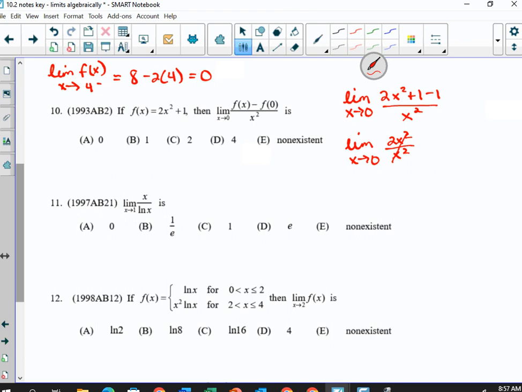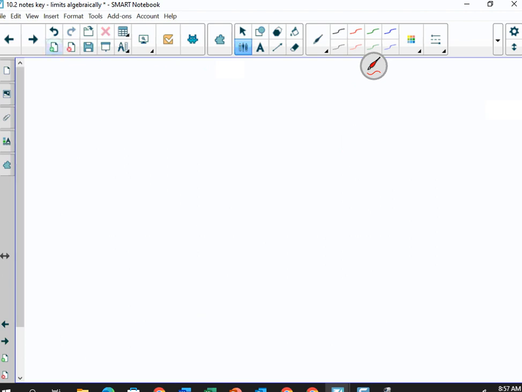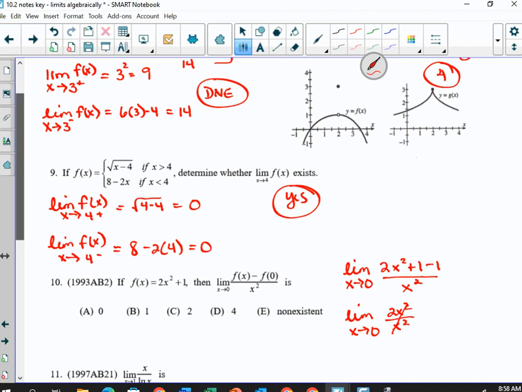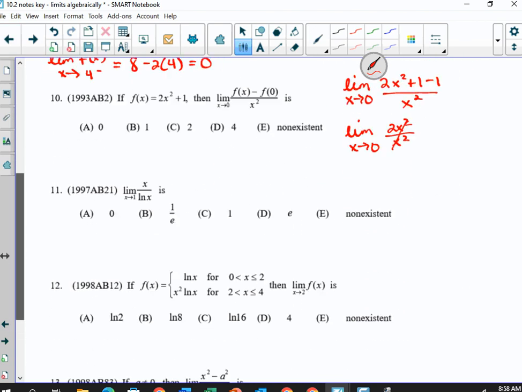No. But what is the limit? Okay, let's think about it. y equals 2. What does that look like? So the limit as x approaches 0 is 2. Okay. If it's a constant, the limit is just that constant. We haven't really seen one of those yet.